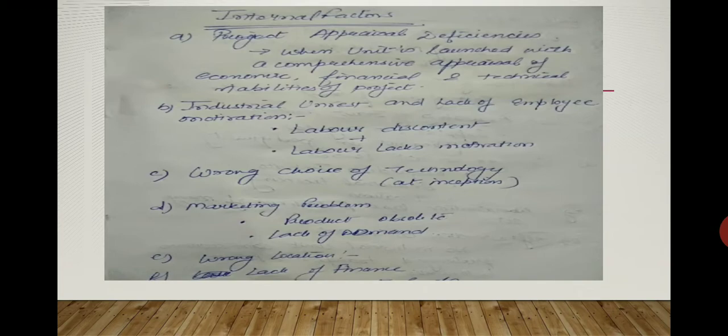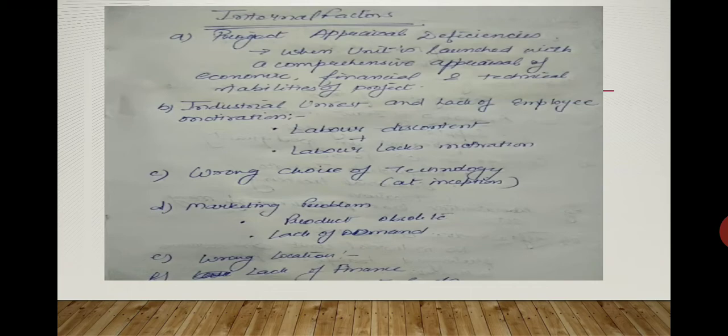So all these factors lead to demotivation of the employees or the labor. Labor being an important asset for the organization, if they are discontented and dissatisfied, there is every probability that the industrial enterprise may not prosper, rather it may come down, and it may end up earning losses.